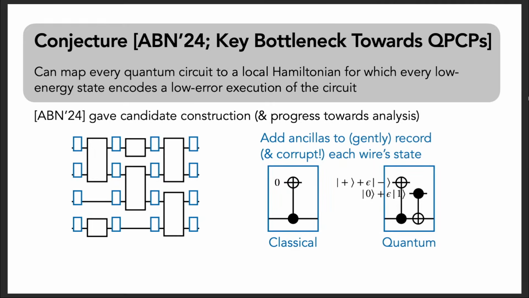But really, this is just the circuit that implements a very weakly depolarizing channel, an epsilon depolarizing channel on the wire. The ancillas are a purifying system for this depolarizing channel. So by information disturbance, we're slightly depolarizing the original wire, which means that we're recording a little bit of information about the wire into our ancilla system.